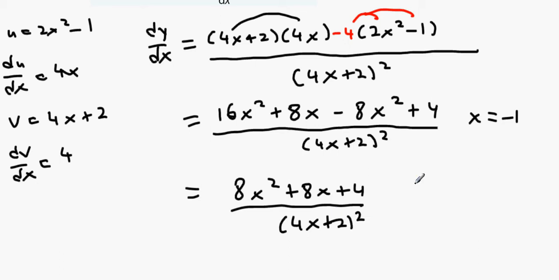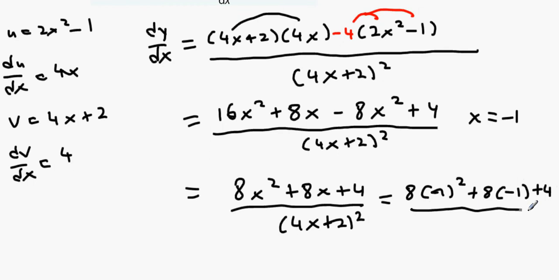At this point in time, replace all x's with minus 1's. 8 times minus 1 squared plus 8 times minus 1 plus 4, all over 4 times minus 1 plus 2, all squared.